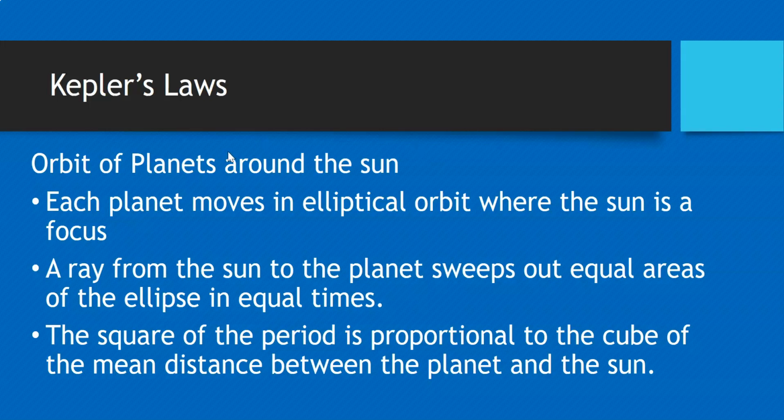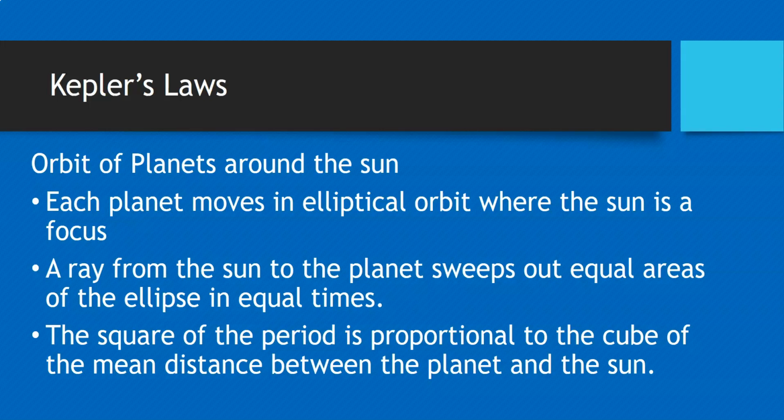Now, later on, these laws were improved by Newton, and it turns out that Kepler's observations also applied to any sort of universal law of gravity. So, any sort of objects moving around other objects.